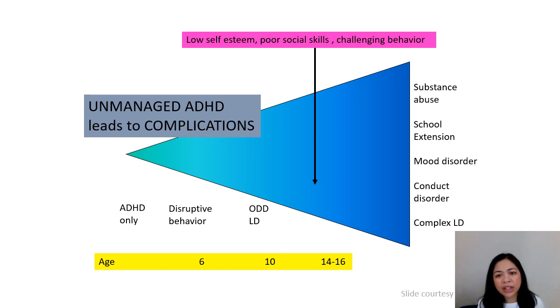And then when they're adults, there's the possibility of going into substance abuse or dropping out of school or extending school. And they're also at higher risk for things like anxiety, depression, conduct disorder, and complex learning disabilities.